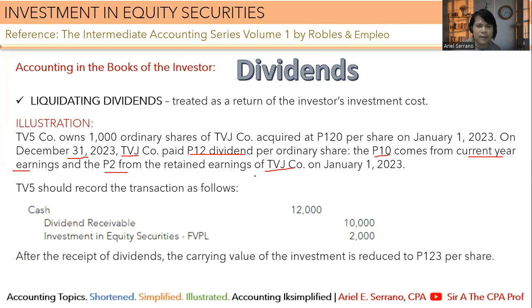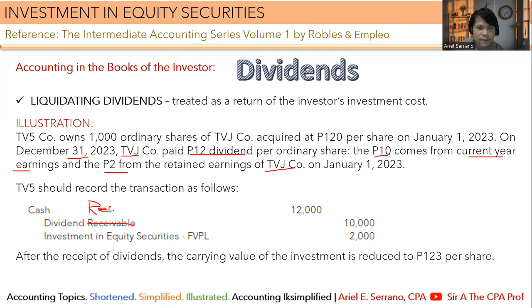O, and magki-credit tayo ng 2,000. Teka, sandali, parang meron na naman ako ditong error. Ano ba naman yan? Ang dami na naman nating typographical error. Hindi po yan receivable. O, yan yung napapala kapag kopya tayo ng kopya.